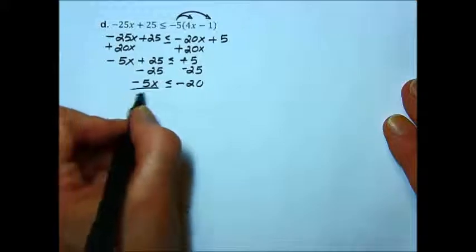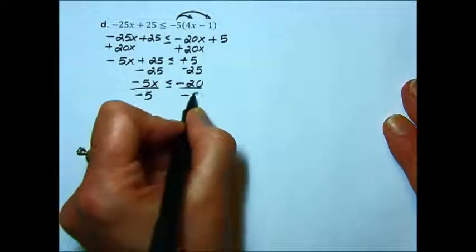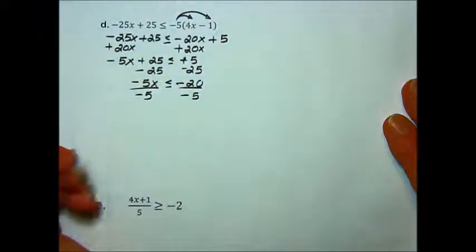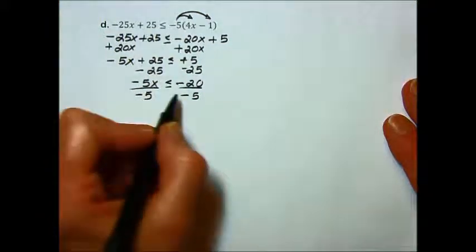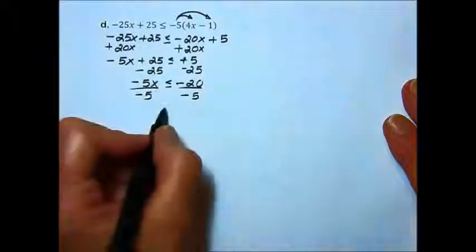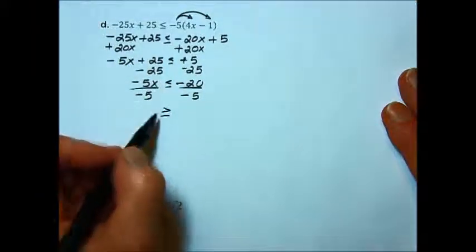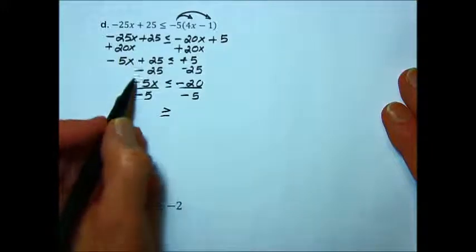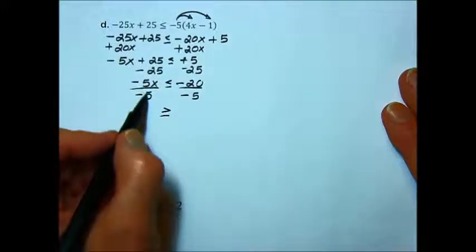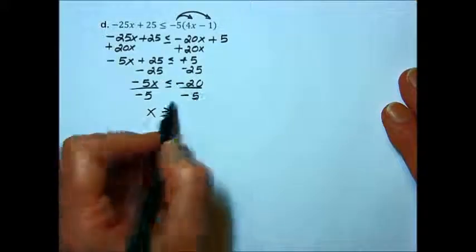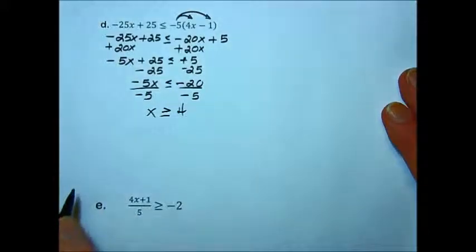Solving for the positive variable, we'll divide both sides by negative 5, and hopefully the buzzers and flashers are going off. I just divided by a negative, which means the direction of the inequality needs to be reversed. It was a less than, it is now a greater than. Negatives cancel out, 5's cancel out, leaving x. Negatives cancel out, 20 divided by 5 leaves us with a 4.